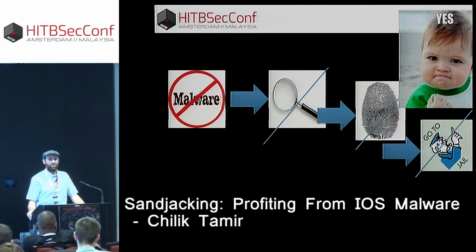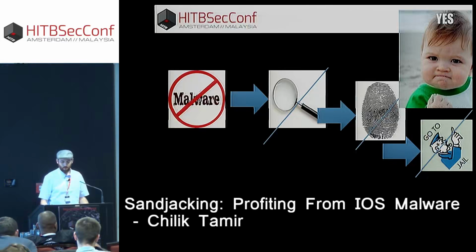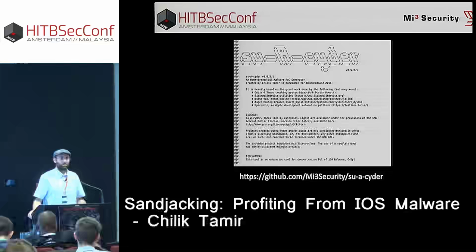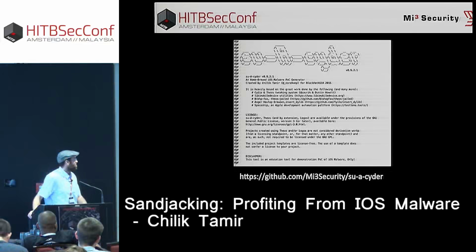And all of this process might look very tedious, but actually it can be very much automated. And this is Suicider, which I presented at Black Hat Asia in the past month. It's a framework to create an evil client malware out of an original application by simply running it and connecting a device.